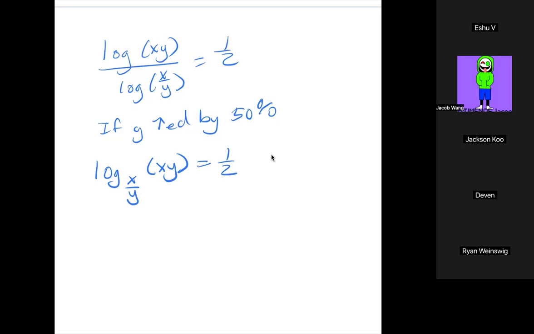That's important to know, to be able to do the change of base in any particular problem. If I have a log of the same base on top and bottom, but I want a single log, because there's no division rule for separate logs, I can use the change of base to make it a single log. And now, again, I don't want to deal with logs, especially if I'm talking about increasing something by 50%. So I'm going to say x over y to the 1/2 equals xy.